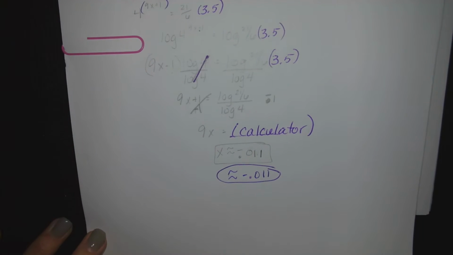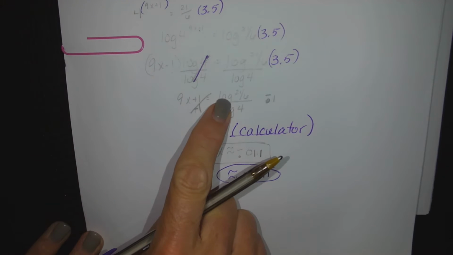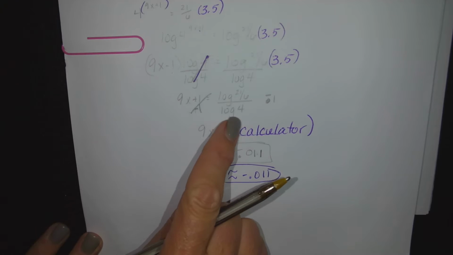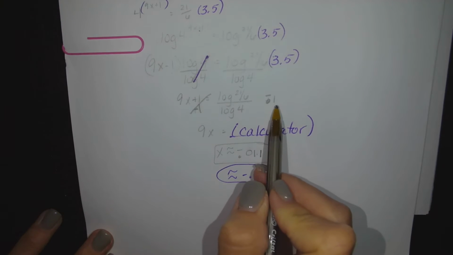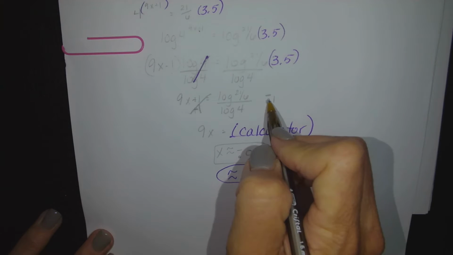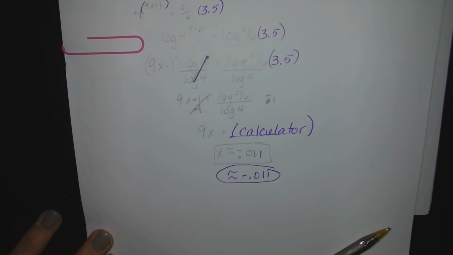This, I just kept it, okay? So I did log 3.5 divided by log 4, and you get your irrational number, minus, that's a mistake. That's not a decimal.